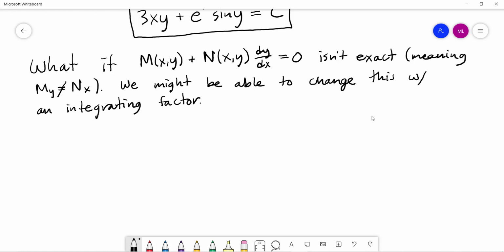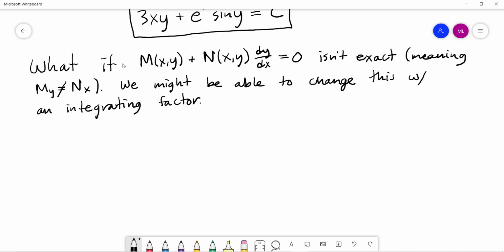So what we're doing is basically combining this new exact equation technique with the integrating factor technique that we learned in the previous section, sort of combining them together into a super technique. But we're, again, getting into very specific cases. So we've got an equation that looks like this right here, and it turns out that it's not exact. There is no equality between our M_y and our N_x.